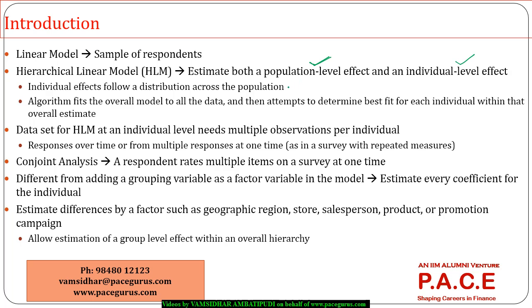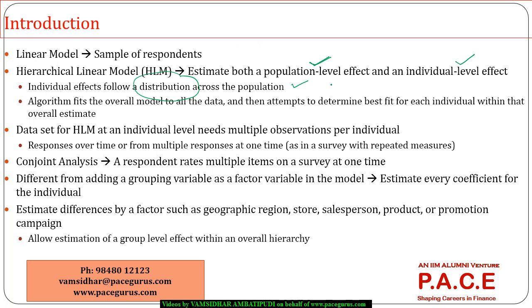So the main assumption that goes into it is individual effects follow a distribution across the population. So probably one specific person, two specific respondents, their effects also separately they follow a distribution across the population. So based on that, the coefficient for each of the individual for those particular variables will be changing.